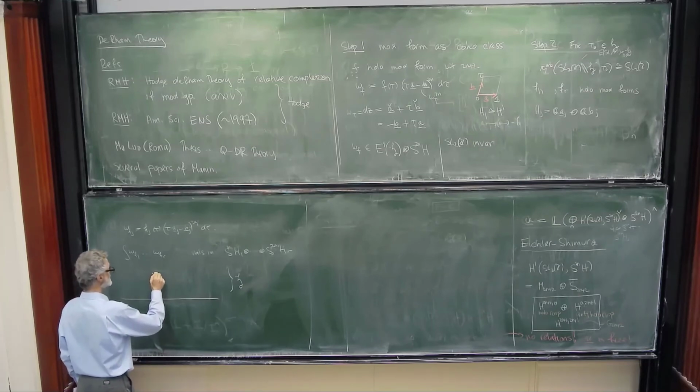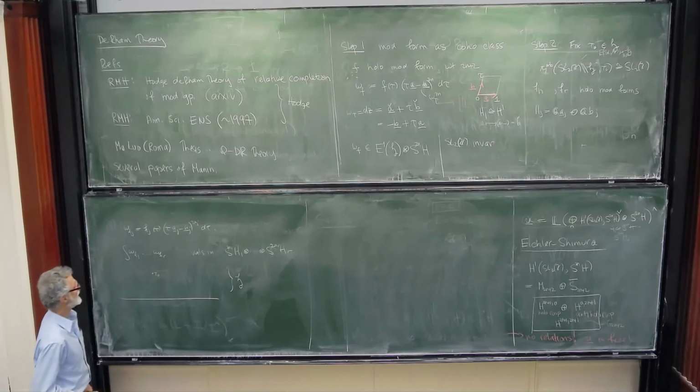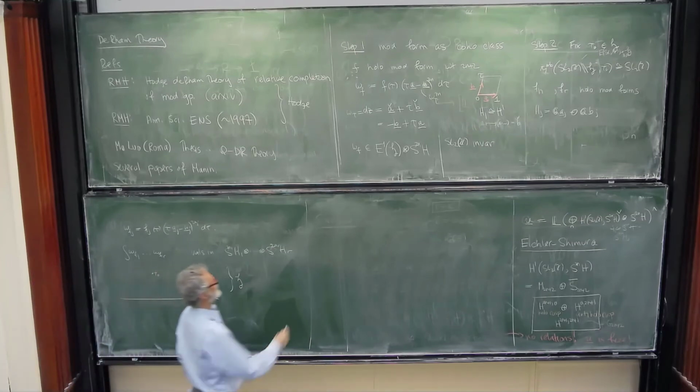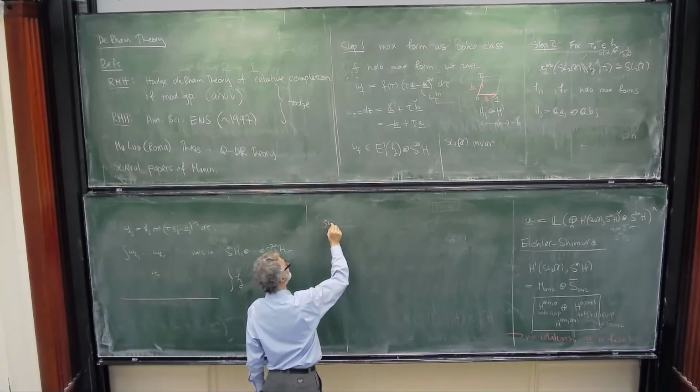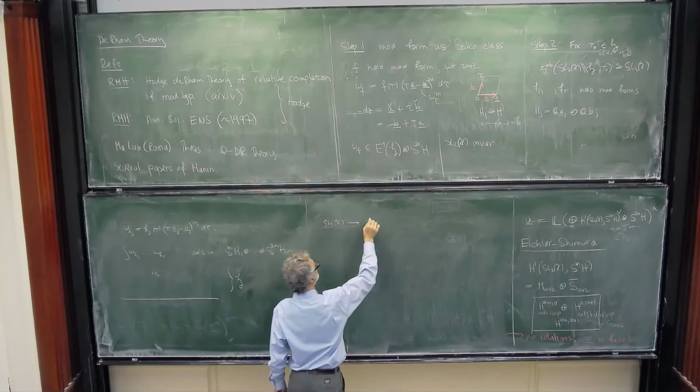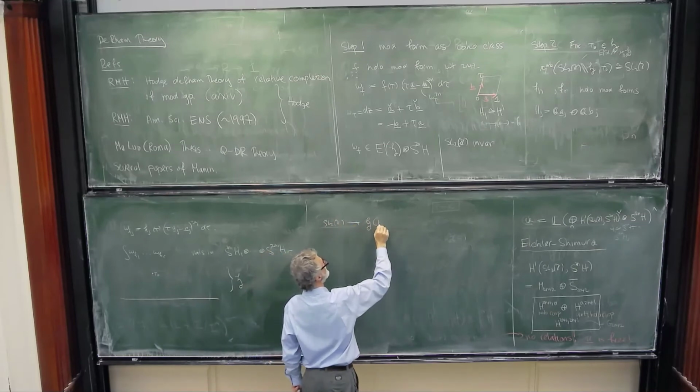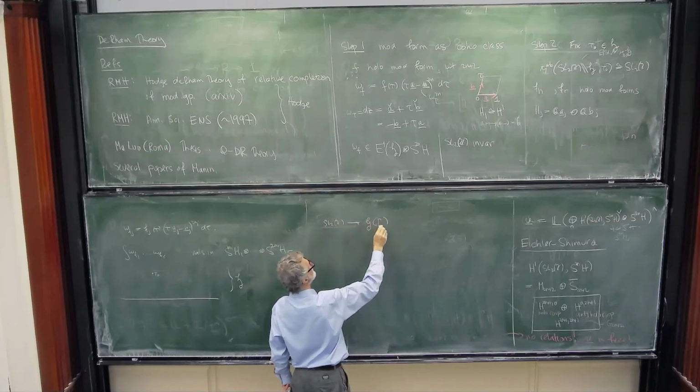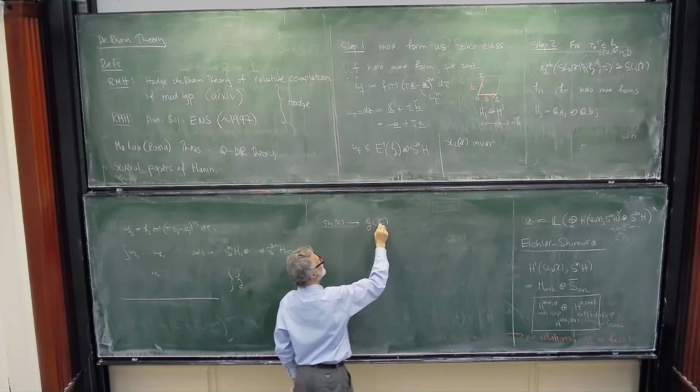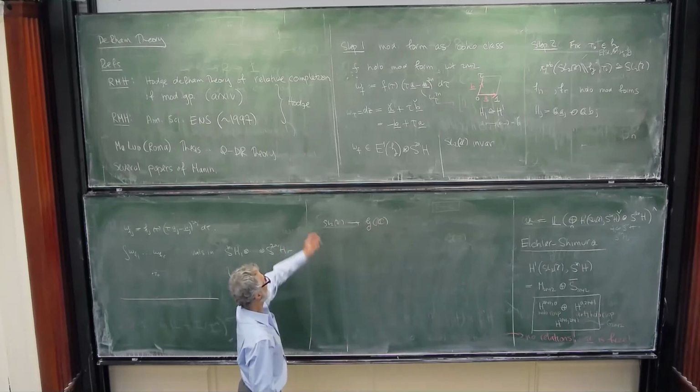But here's, say, tau_0, and now we have SL_2(Z) mapping into G(C).